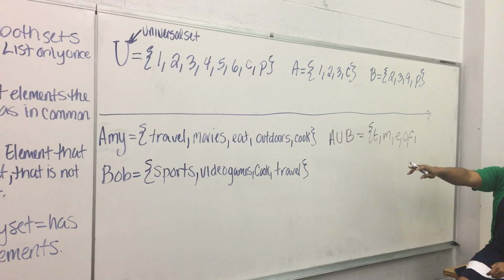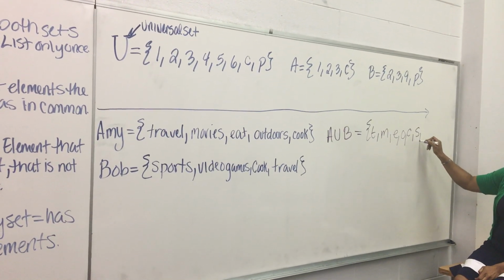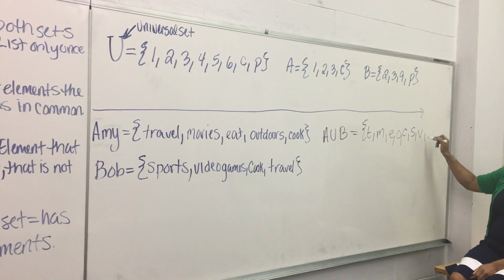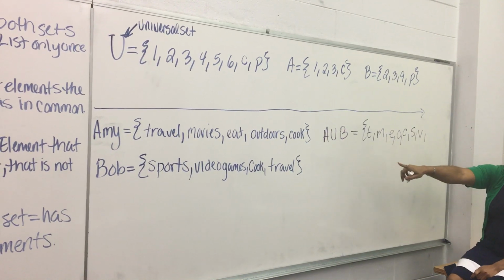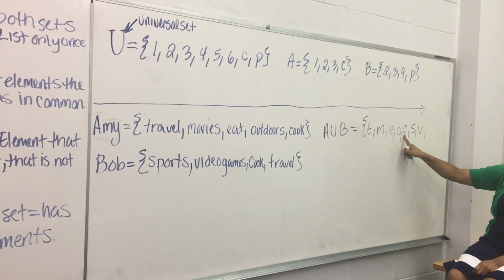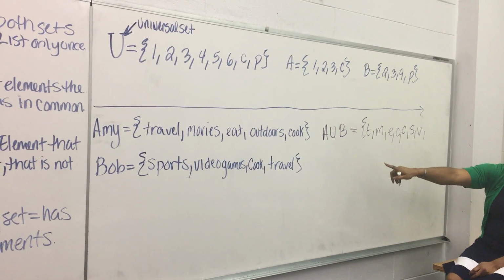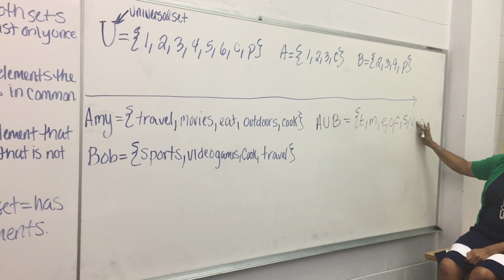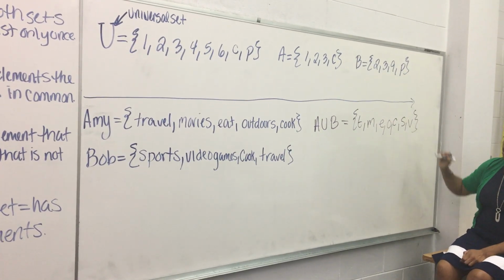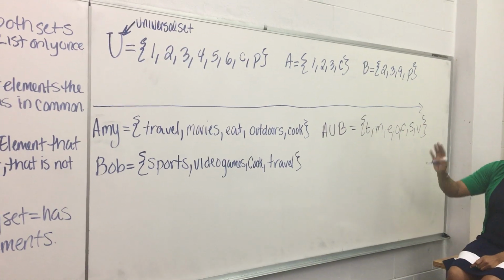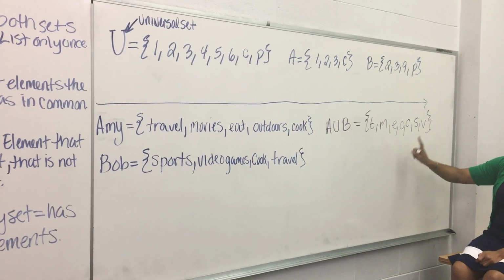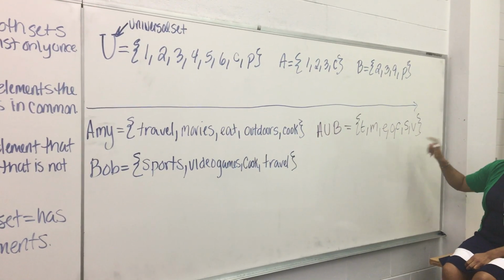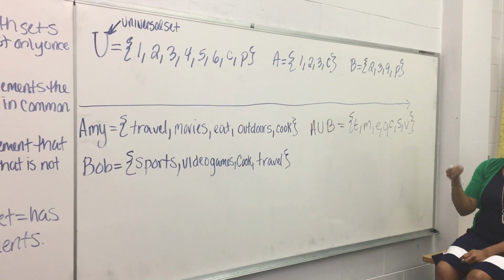We would start to list his elements, which would be sports, video games. But wait a minute, we already have cooking, so we don't need to list that again. And we already have travel, so we don't need to list that again. And that will complete our set. So A union B will be to just list everything in both sets, but do not repeat.